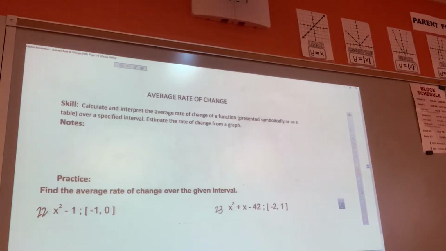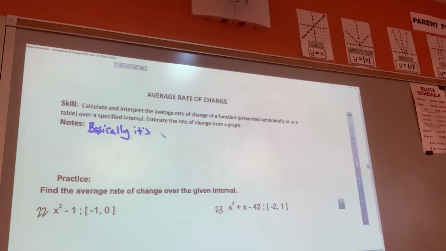We're going to be looking at graphs to see if we can determine what the average rate of change is. We're going to be looking at a table maybe to see if we can determine that. And really and truly, the average rate of change is basically like your slope.